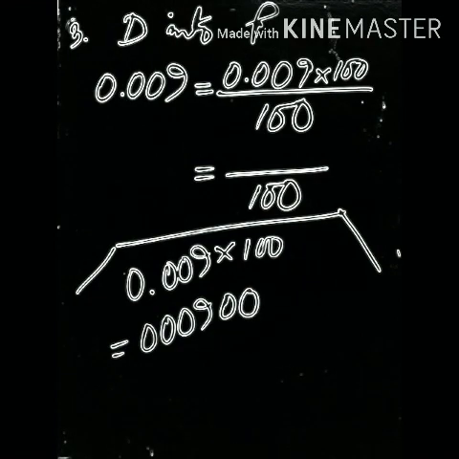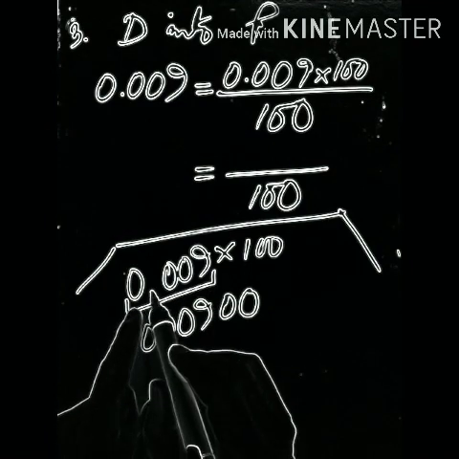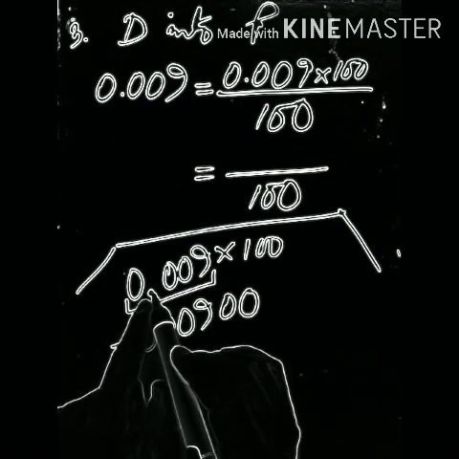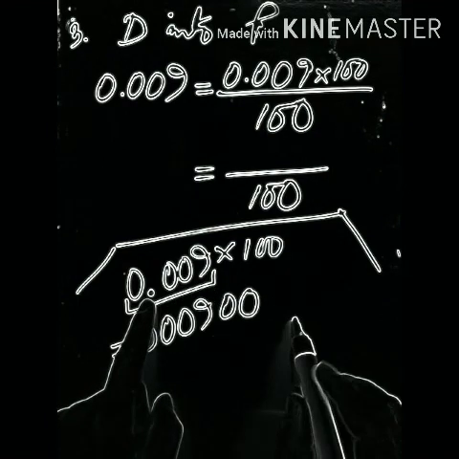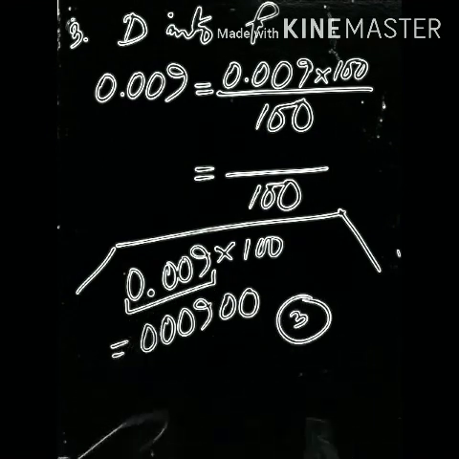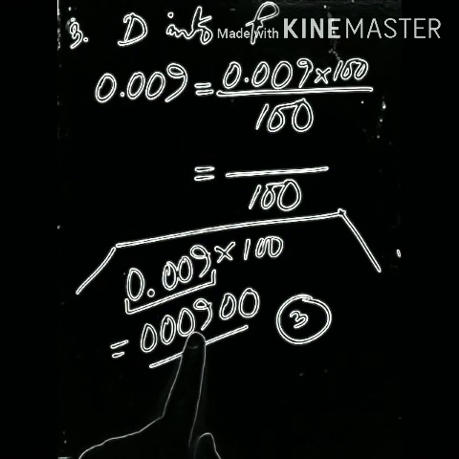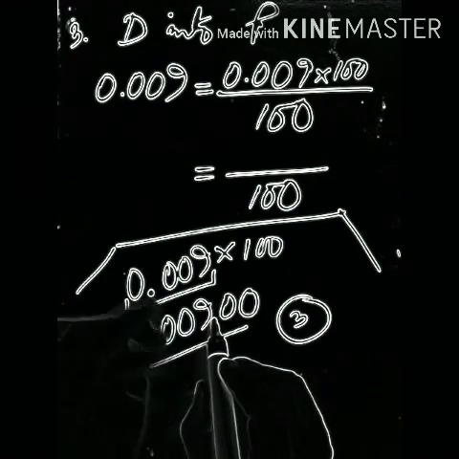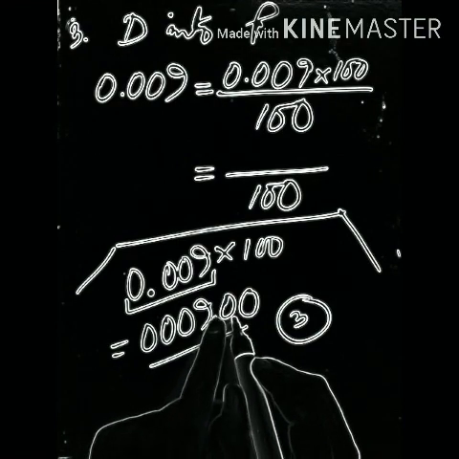After writing this, look at this decimal number here. After the point, how many digits? 1, 2, 3. How many? 3. That means 3 decimal places. That means even in the product, there should be 3 digits after the point. If I put it here, there are only 2 digits after the point. I cannot do this.